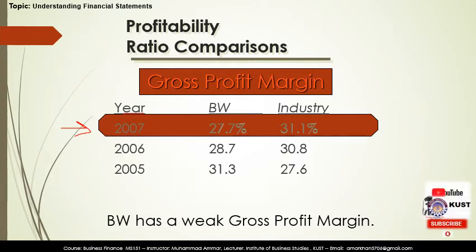Here we get the ratio of 27.7%, as we checked on the previous slide, and on the other side the industry average has a 31.1% gross profit margin. So Basket Vendor has a weak gross profit margin compared to the industry average ratio.